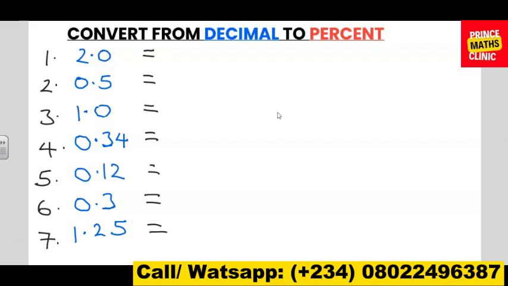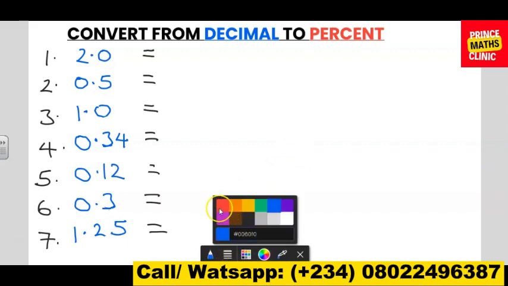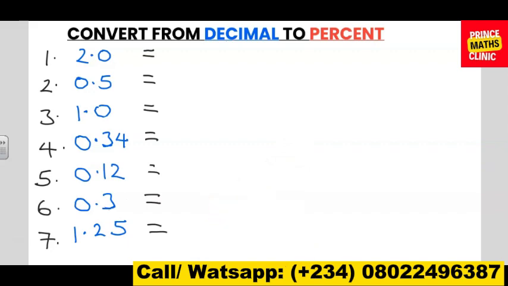Since it has 2 zeros, it means that I'm going to work with 2 decimal places. So what does 2 decimal places mean? 2dp means 2 numbers should be after my point. After my dot or my point, I should have 2 digits after it.